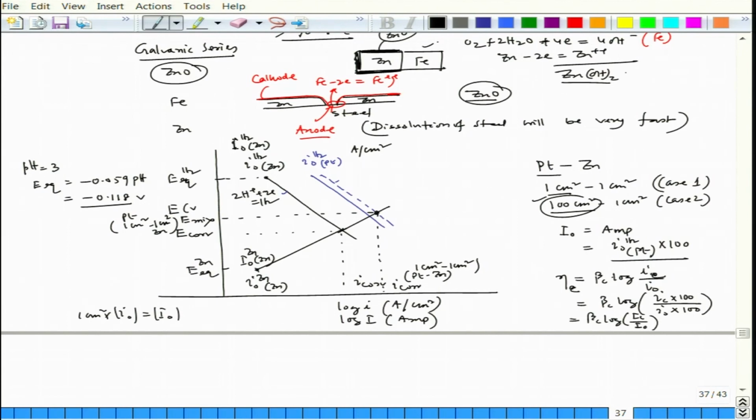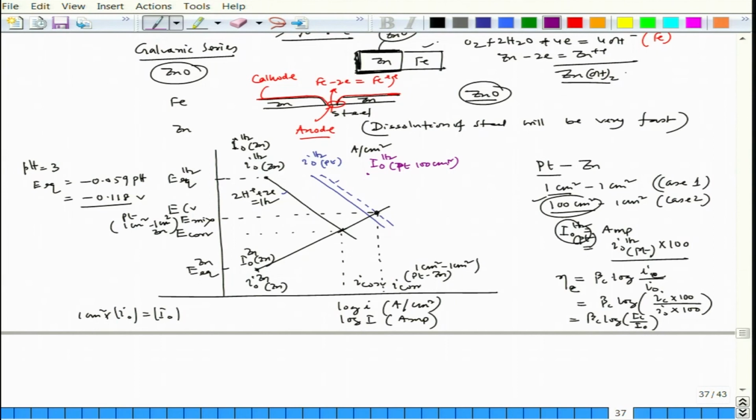And now we have to consider this I 0 for the hydrogen reaction on platinum surface. That can only be possible if we change the scale here, because I have multiplied, this is hydrogen on platinum 100 centimeter square.